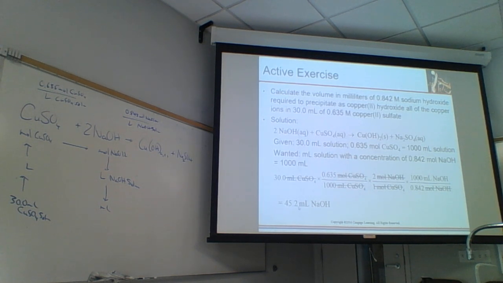And so when somebody says 45.2 milliliters of sodium hydroxide, I'm wondering, are they talking about solid, pure sodium hydroxide? Or are they talking about solution? This isn't labeled with enough detail for me. So it should be labeled more. That's another thing. The book does it this way, and I understand why, because they don't want to go into too much detail.